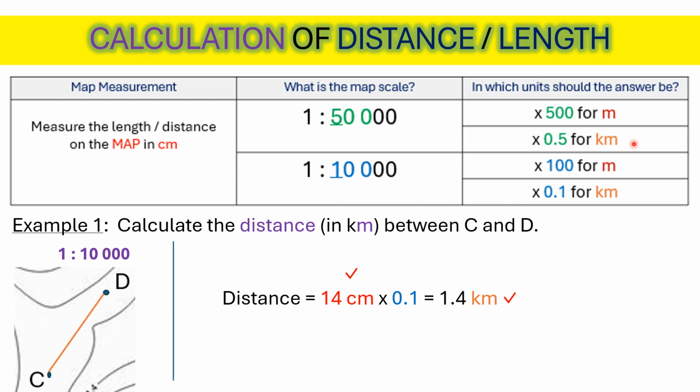In the instance where my answer needs to be in kilometers, you will notice in both instances, I'm going to multiply with a decimal. On the 1:50,000 map, for kilometers, multiply by 0.5, and on the 1:10,000 map, I multiply by 0.1 in order to obtain an answer in kilometers.